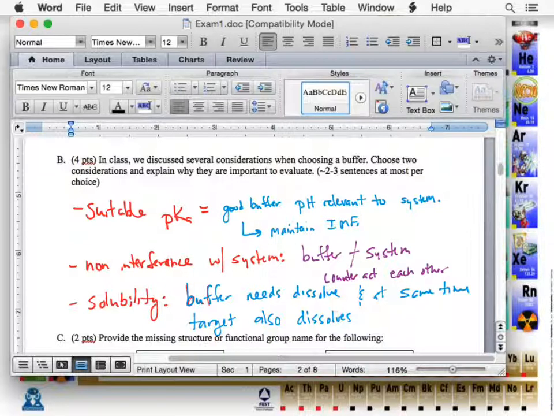Okay. So we have to make sure that by adding our buffer, we don't mess with the solubility of our enzyme. Okay, the buffer is there to just kind of maintain pH, but it does nothing else. The instant it does something else, we've screwed up our system, and now we can't evaluate our directions, okay, or where we're going with it.